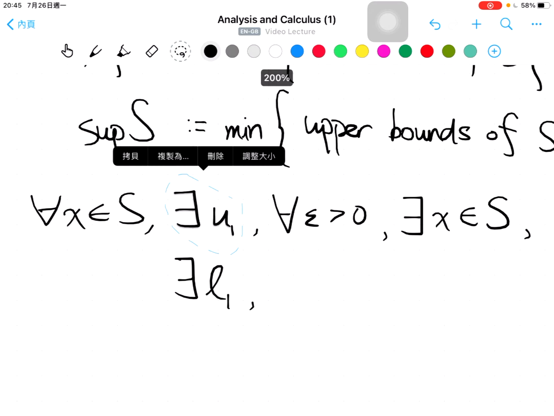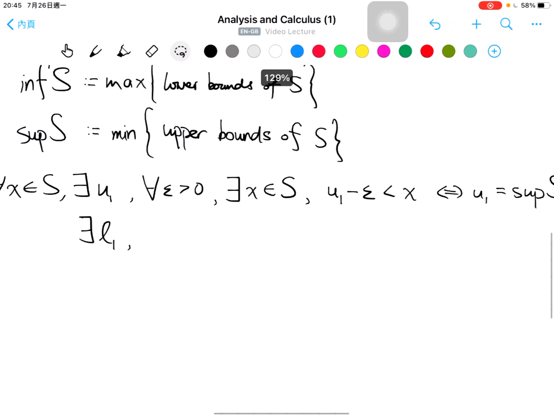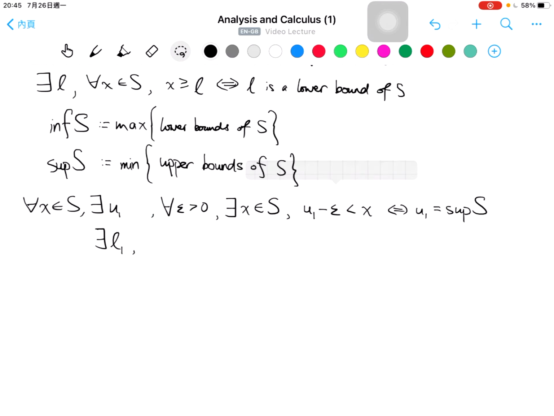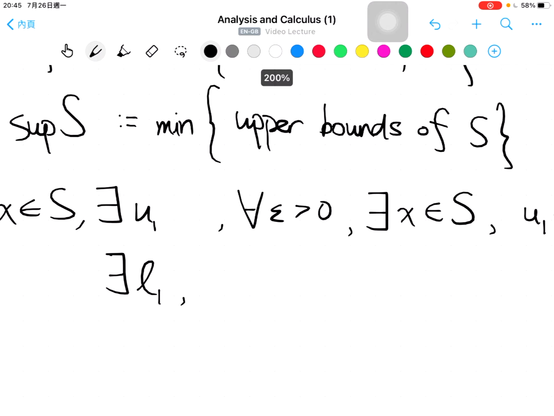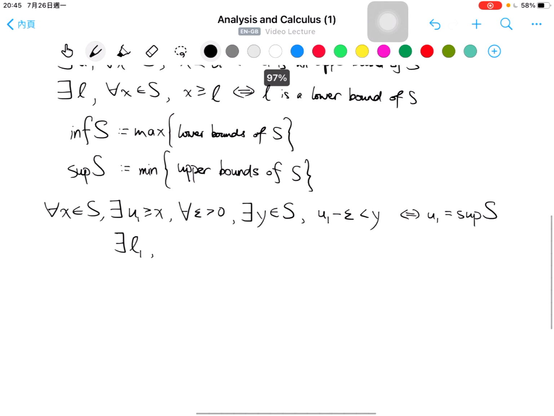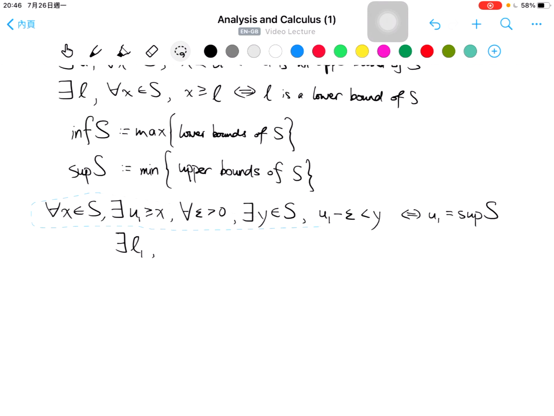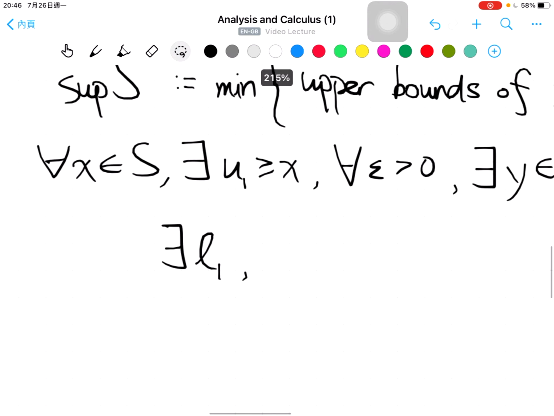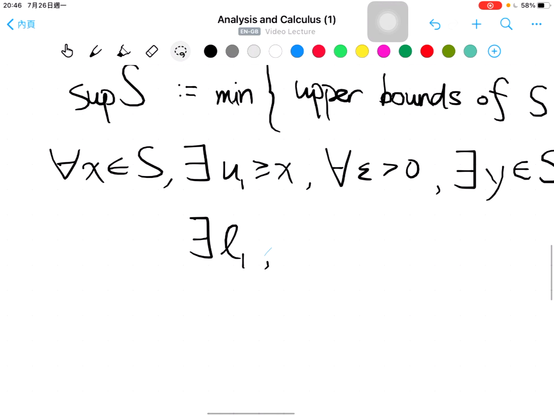For all x there exists a u1 larger than or equal to x, such that there is a y here, right? Then this is the strict definition of supremum. Excuse me, my bad. Similarly, because we have to demonstrate it's an upper bound before everything.